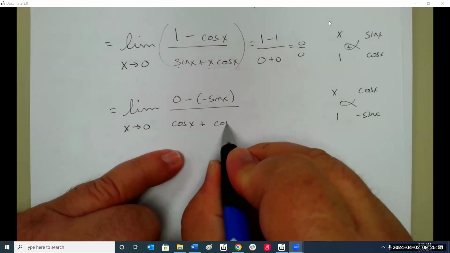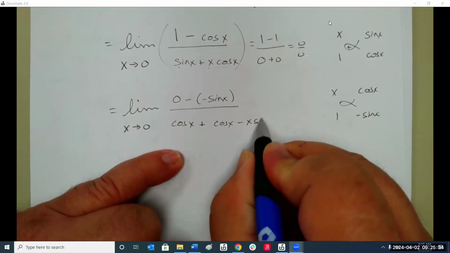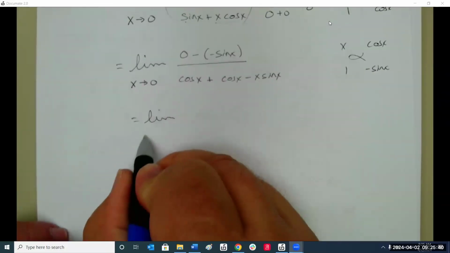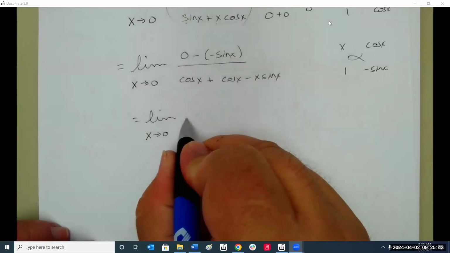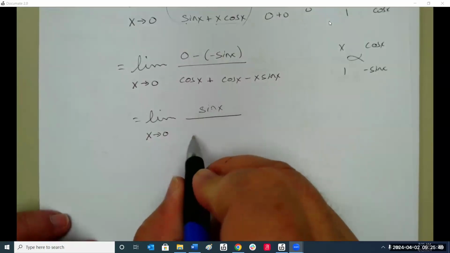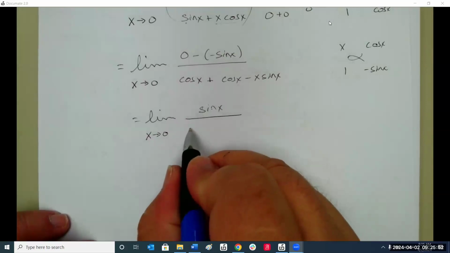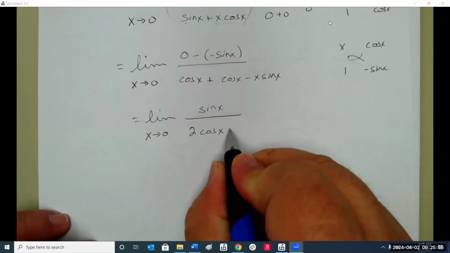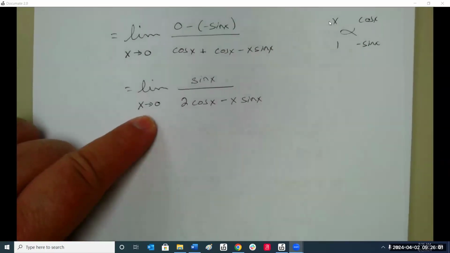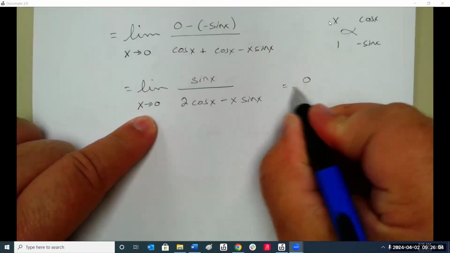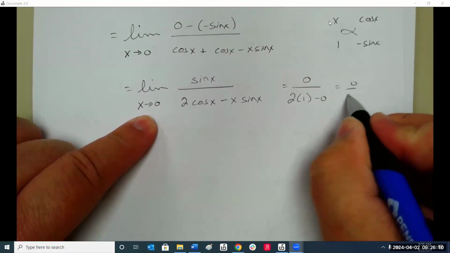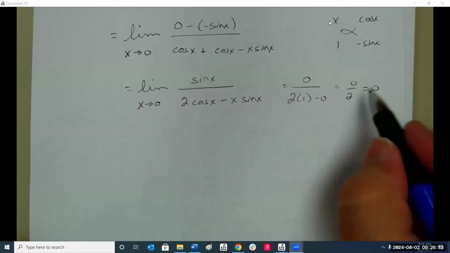So it's going to be cosine x minus x sine x, which makes it positive sine x. That's 2 cosine x minus x sine x. Plug in 0, and we get 0 over 2 times 1 minus 0. Same thing.